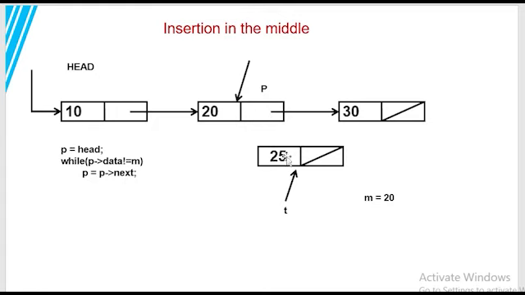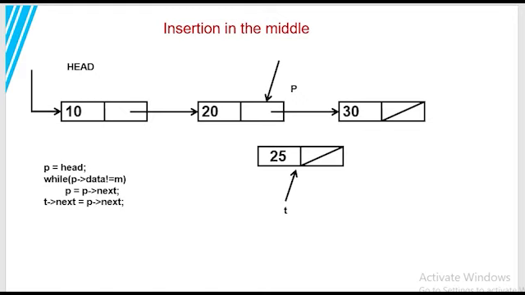So here this pointer should be pointed to 25, and the 25 pointer should be pointed to 30. We want to specify now P of next is equal to P, and this P should point to 25.